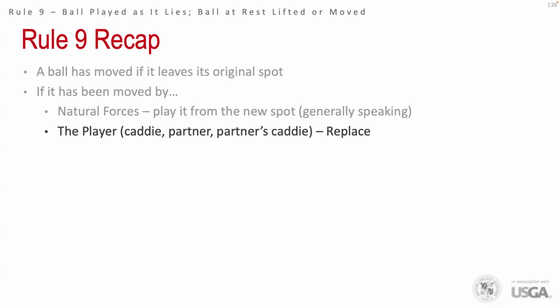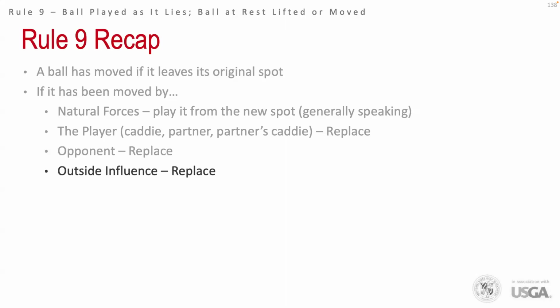The player, their caddy, partner, partner's caddy, we're going to replace it. If it's moved by the opponent, we're going to replace it. If it's moved by an outside influence, we're going to replace it. And in all of these scenarios where we are replacing the golf ball and we don't 100% know where it was, we're just going to use our best judgment to get the ball back to where we think it came to rest.